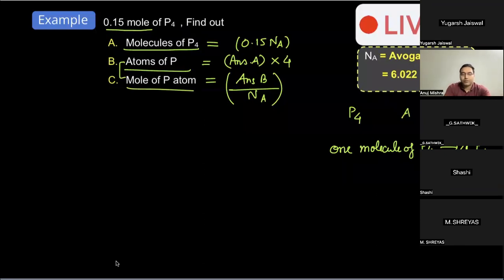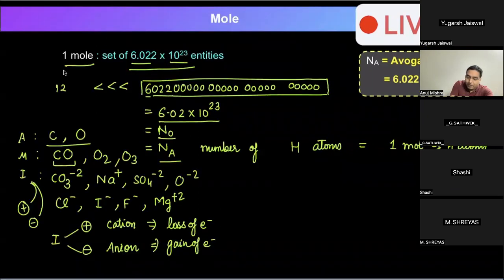Sir, I missed the starting, so I'm not getting how Avogadro's number is used for finding molecules and moles. Okay, just listen carefully. This number, 6.02 times 10 to the power 23, is called N naught or Na, or you can call it Avogadro's number. That's not very important.